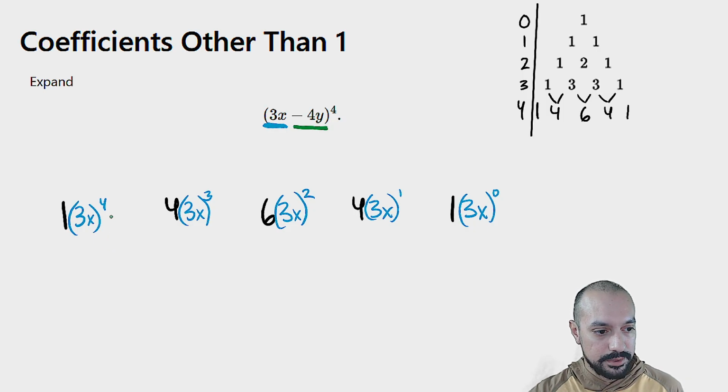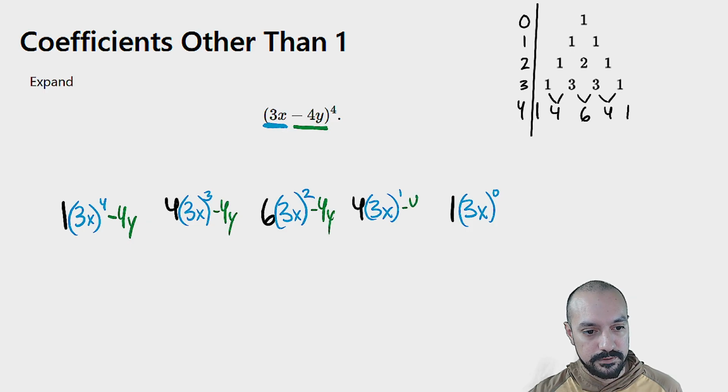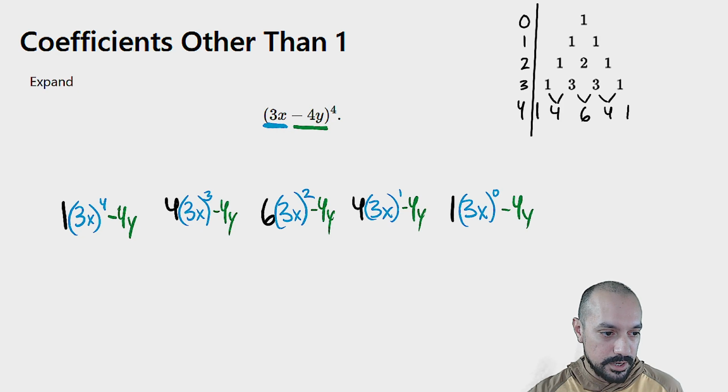Let me write the next term: negative 4y, in parentheses. Color coding definitely helps. These are going to be in ascending power order.